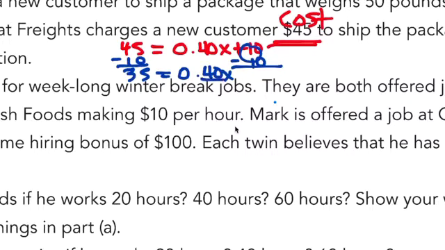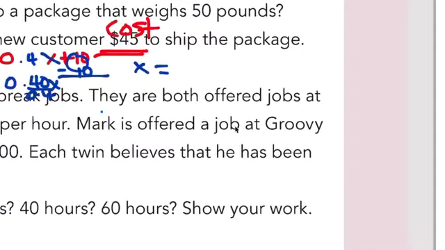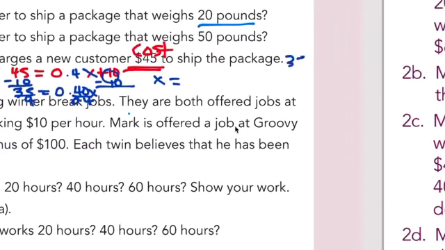Now you divide both sides by 0.40, or better yet, this should be 0.4, right? Instead of 0.40, you don't need to write the 0. So we divide by 0.4 on both sides. So x equals, you divide 35 by 0.4. You need to make this a whole number, so you move the decimal over one time and put a 0.